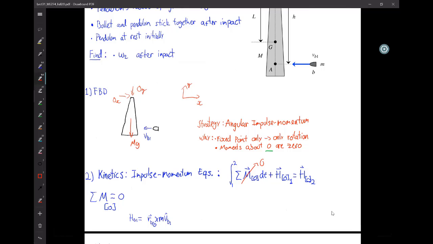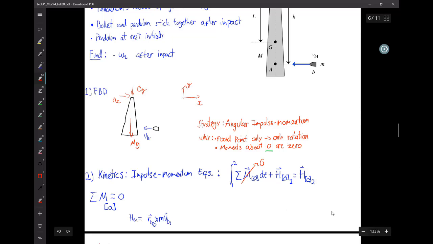So we go to our definition of angular momentum for a rigid body. We call that H. But initially, this pendulum is not rotating. So there is no contribution from the pendulum in the initial state.